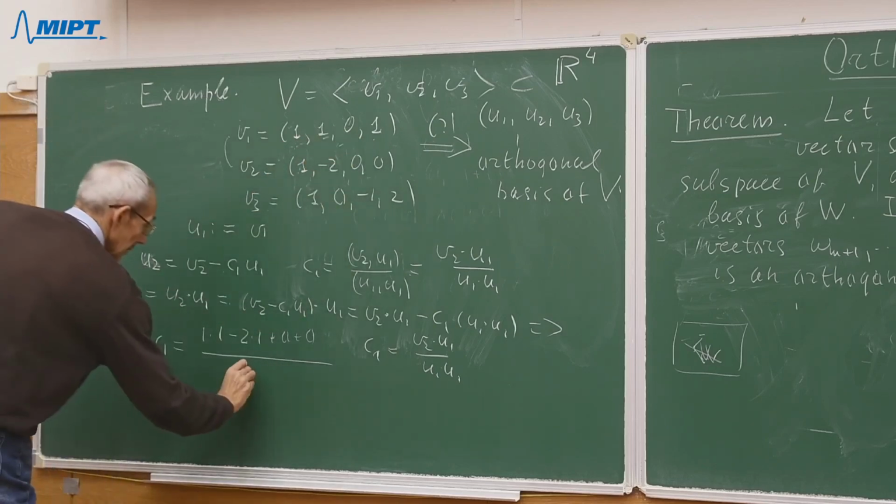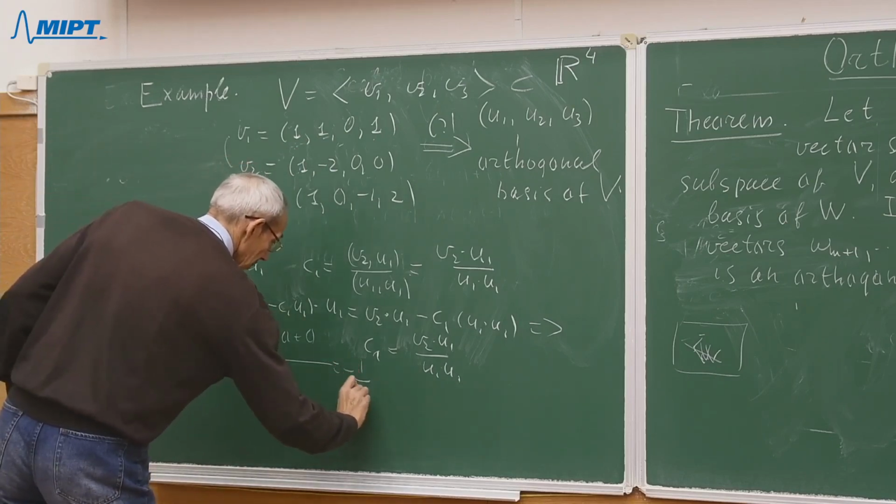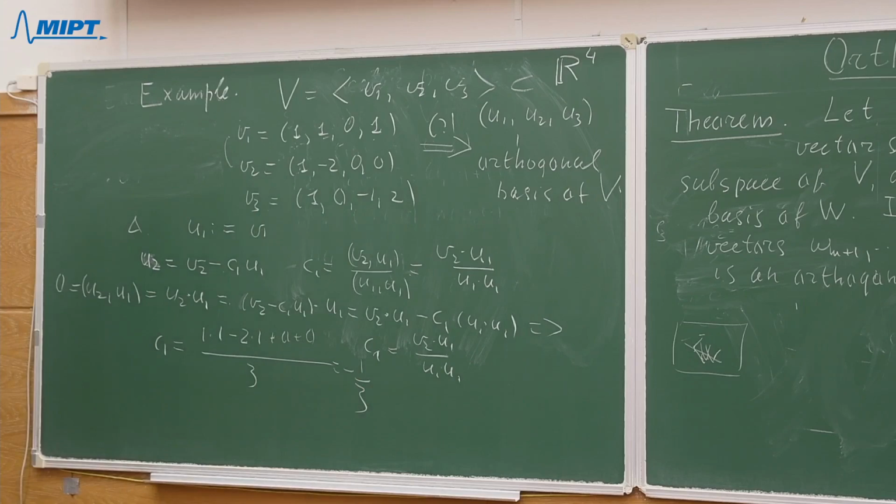The scalar square of v1 is equal to 3, and we obtain the ratio minus 1 over 3, the coefficient c1.